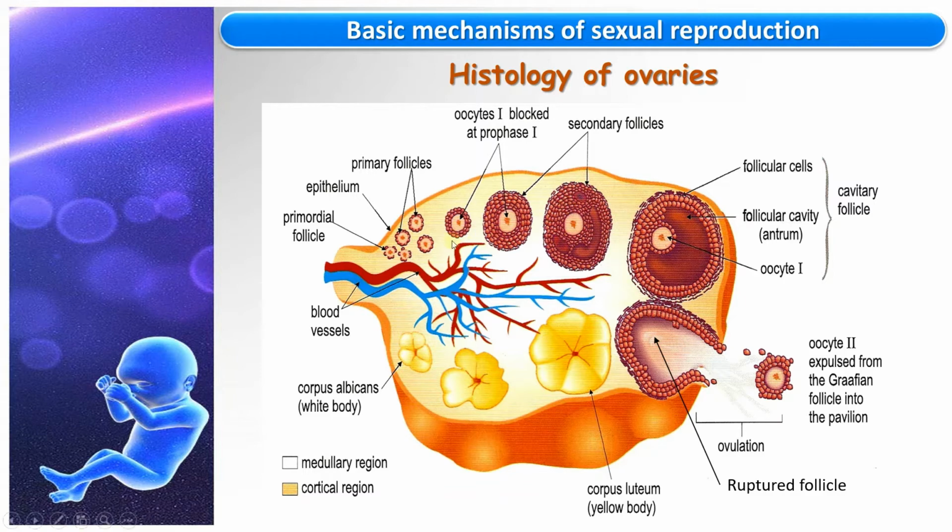They become primary, then secondary, then cavitary follicles that include a cavity. After that, the cavitary follicles turn into mature or Graafian follicles that undergo ovulation, and they are not presented in this document.